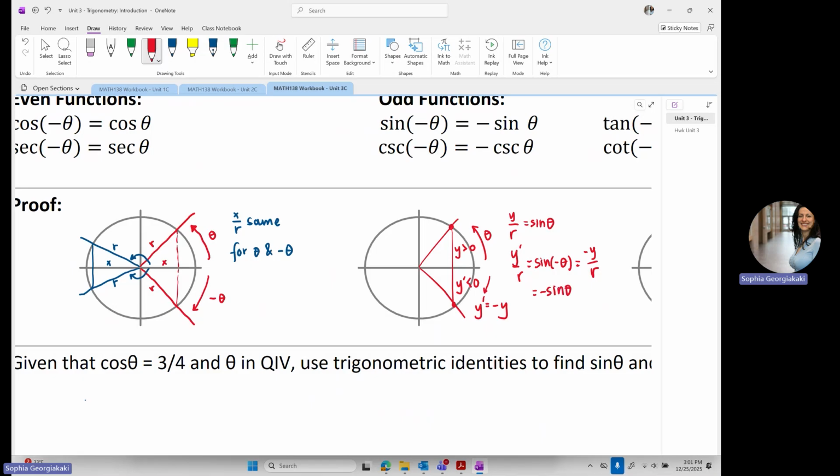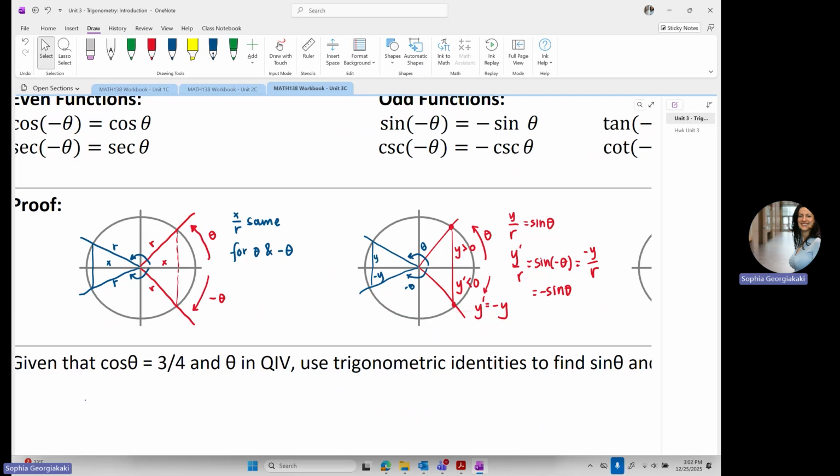And therefore, the sine is an odd function, and it will be the same if the angle was in quadrant 2 and the negative angle would land in quadrant 3. So we would have the same situation. We would have an angle theta this way, this is the y, and then we will have its opposite angle, negative theta this way, and that will be minus y.